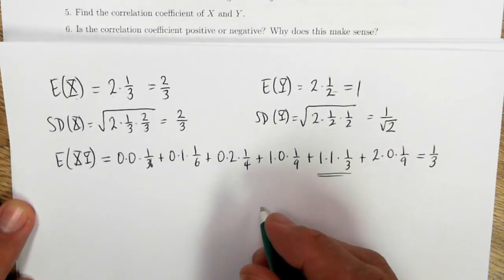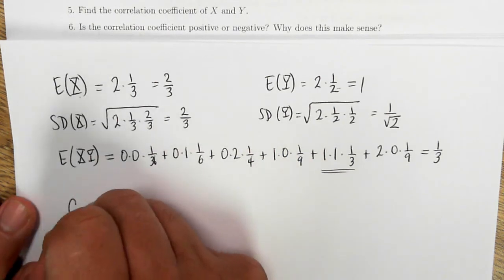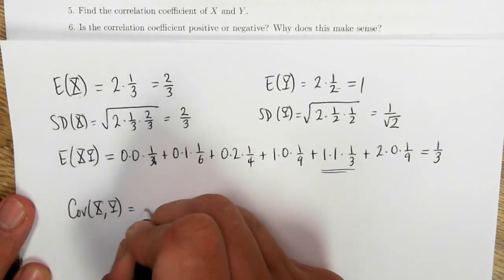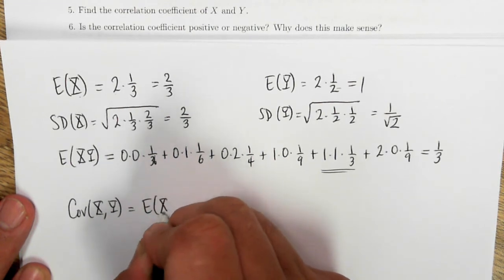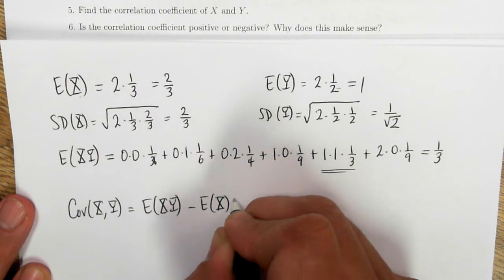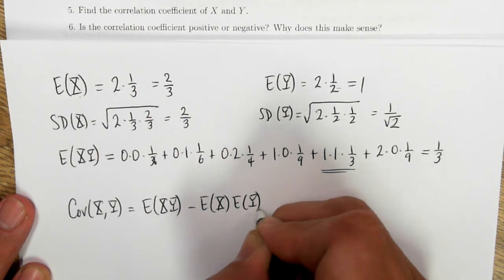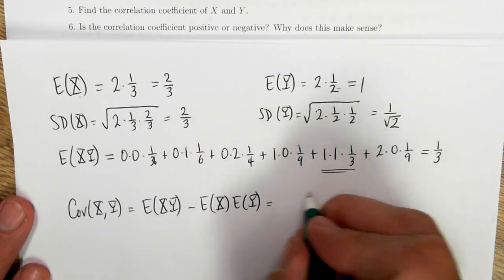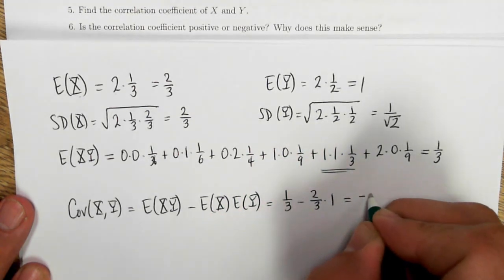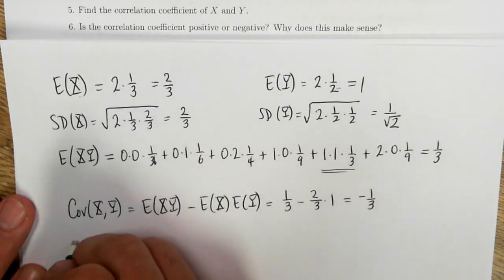Okay, so to find the correlation coefficient, we next find the covariance of x and y. The covariance of x and y is the expected value of x times y minus the expected value of x times the expected value of y. So that's equal to 1/3 minus 2/3 times 1, which is negative 1/3.